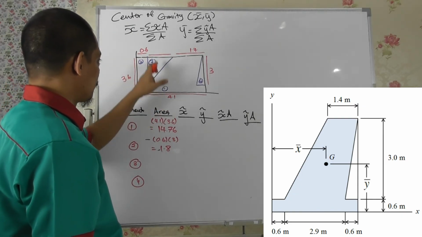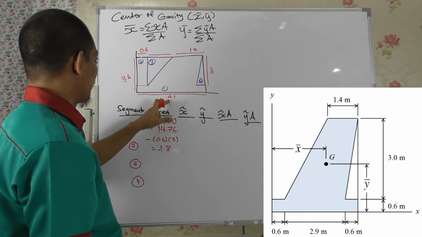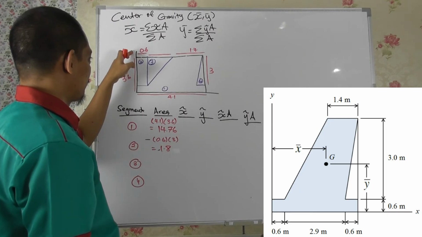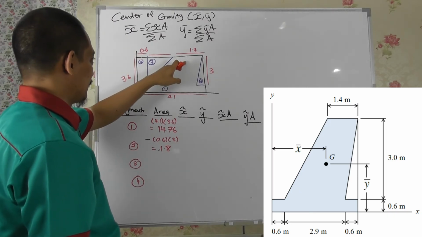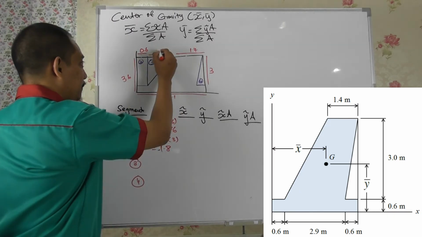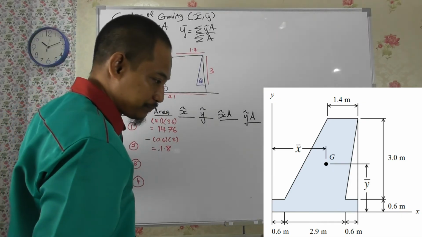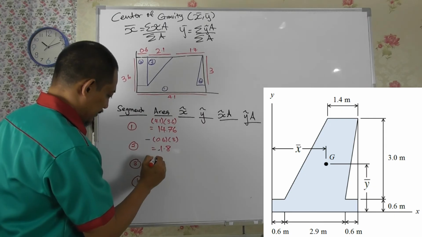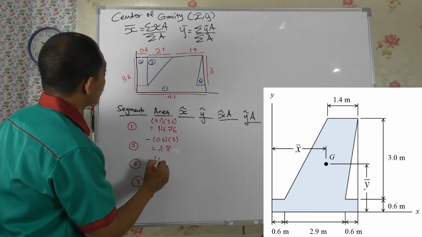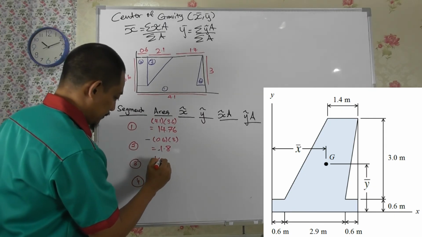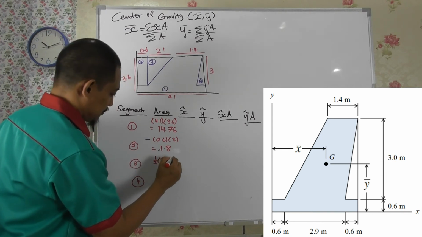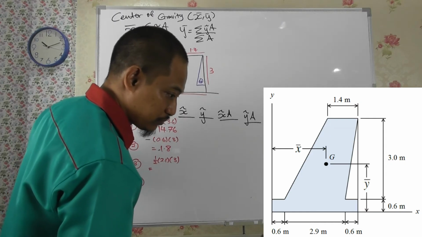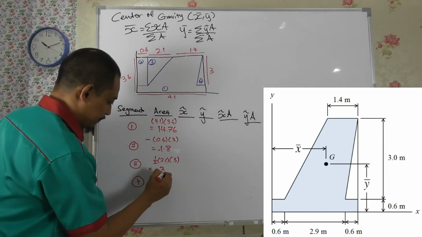So to get this one, you have to minus. So 4.1 minus 0.6 becomes 3.5, minus that one becomes 2.1, right? So it will be half times 2.1 times 3, equal to 3.15.